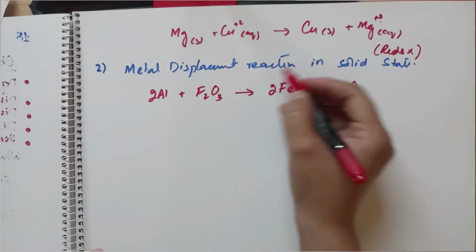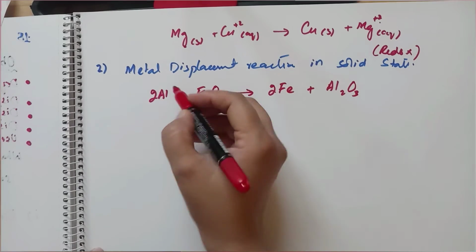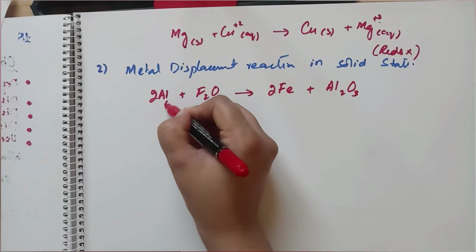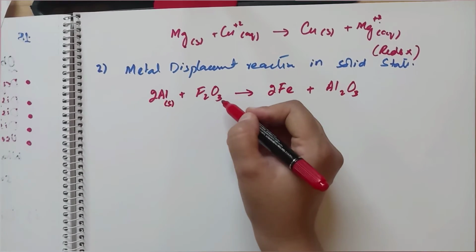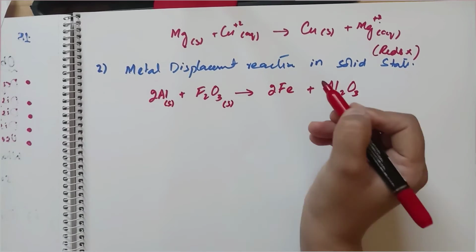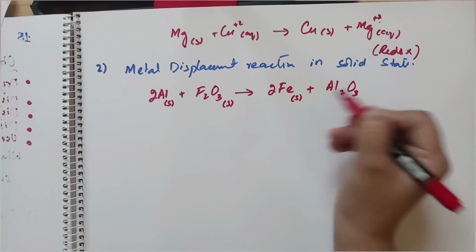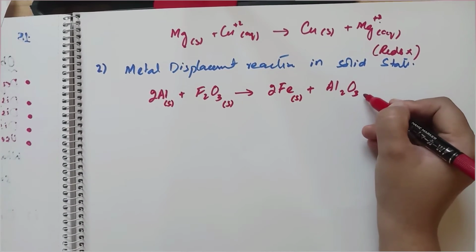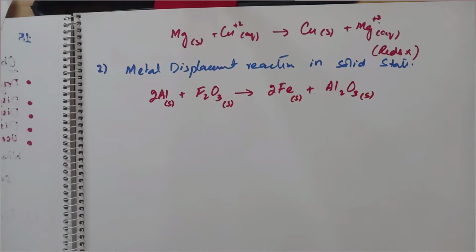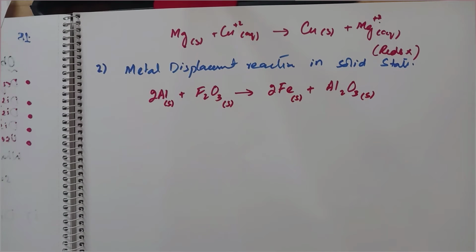So the equation is balanced, as the aluminium is a metal, so it is in a solid state. Ferric oxide is present in a solid state. Similarly, iron is in a solid state and aluminium oxide is in a solid state. Is it clear? So reactants and products are in a solid state. To start the chemical reaction, we have to heat up the system so that the reaction can be started.